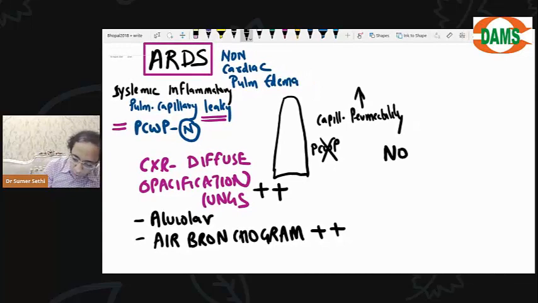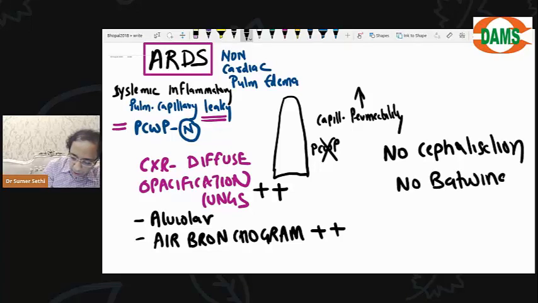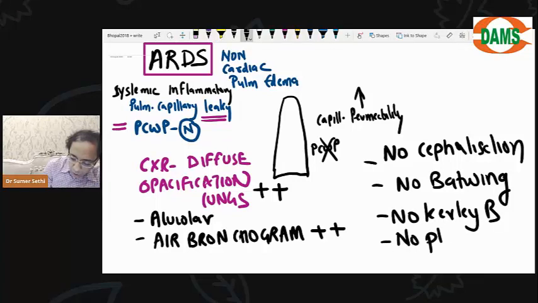Usually there will be no cephalization in ARDS, no bat wing appearance, no curly bee lines. And usually pleural effusion is also seen more in heart failure, not in ARDS.